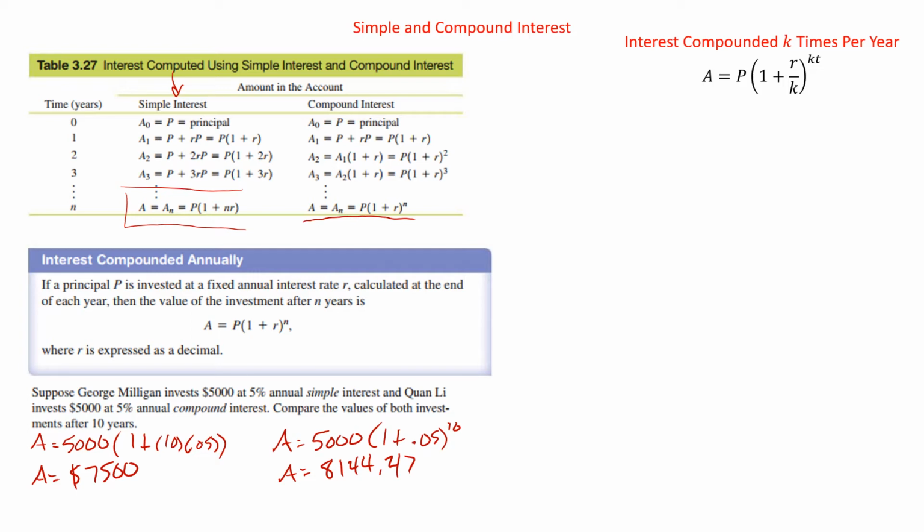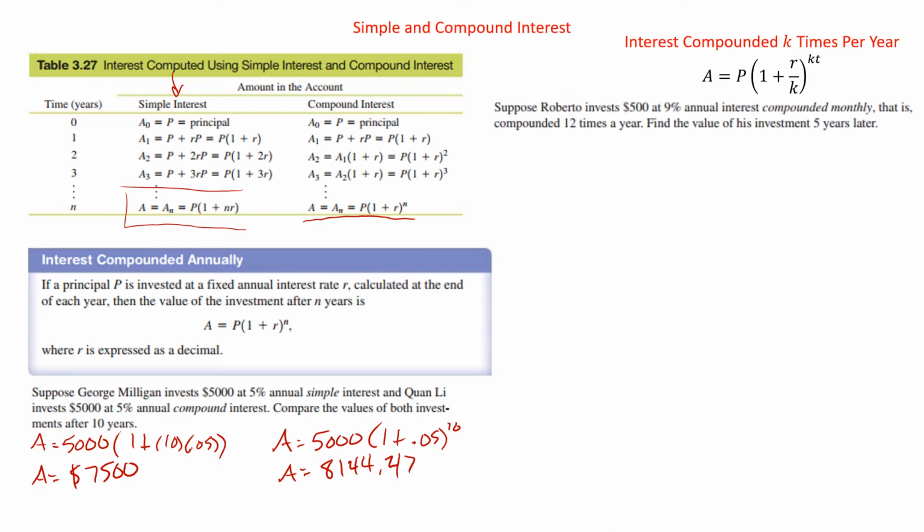We get a total of 5%. And then, since that splits the year up into multiple periods, we have to multiply by that k so that we have the right number of time periods. So the formula is slightly different, but we're still just going to plug stuff into the formula.